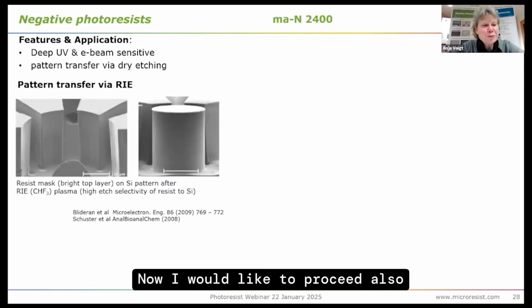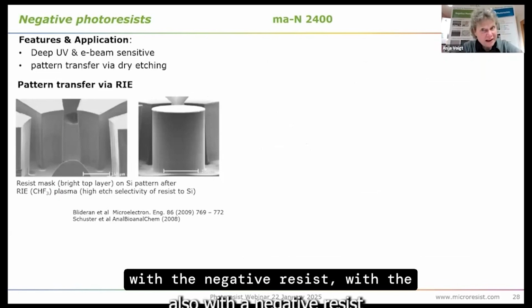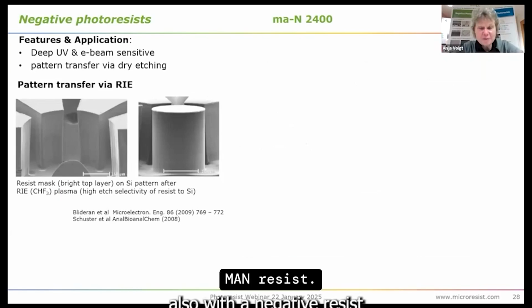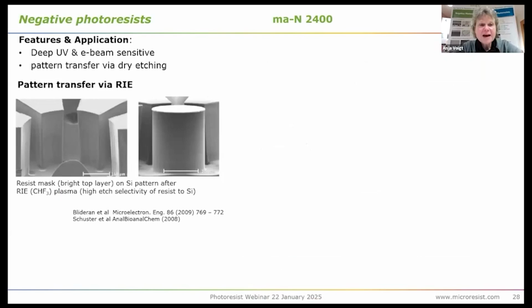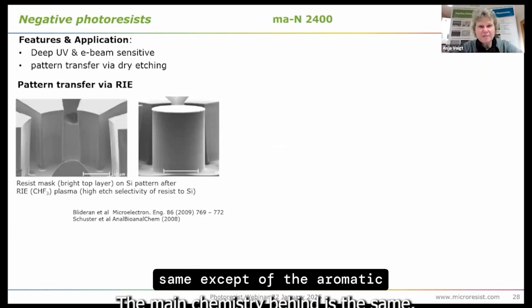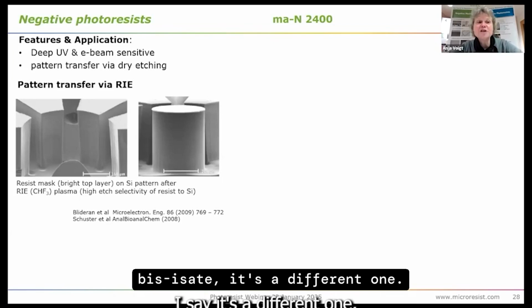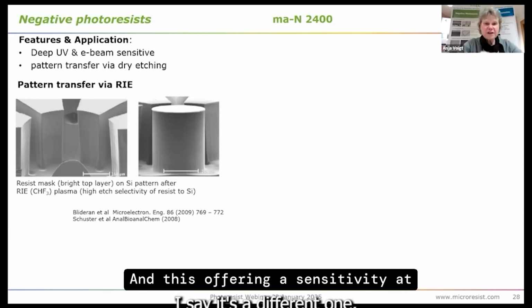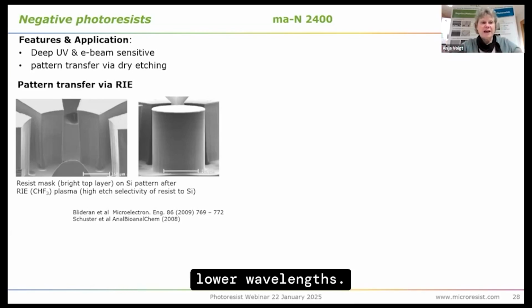Now I would like to proceed also with the negative resist, with the MAN resist. MAN resist 2400. The main chemistry behind is the same, except the aromatic bisazide is a different one. And this is offering a sensitivity at lower wavelengths.